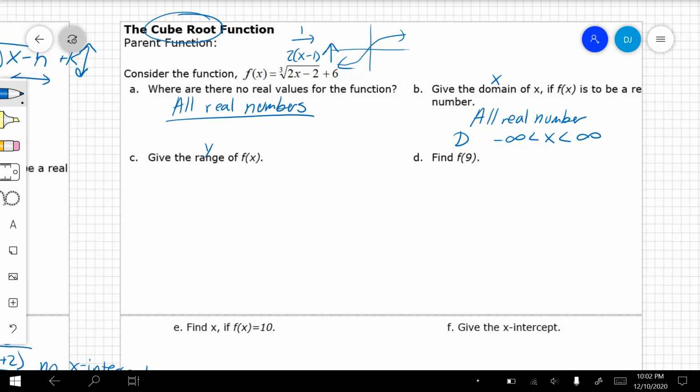If we're given the range, remember those are the y values, same thing. On our parent function, it is negative infinity to positive infinity, and also, I didn't write the parent function up here. F of x equals the cube root of x. I'm going to write it down here.